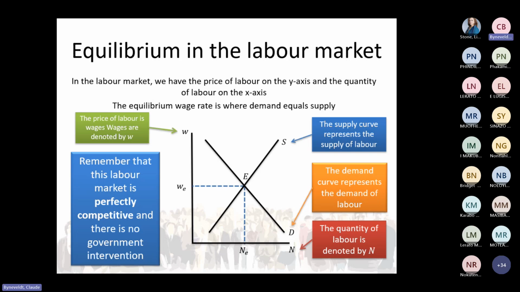That's why we don't get perfectly competitive labor markets. We get imperfect labor markets in the real world. But we study the perfectly competitive labor market as a foundation to study imperfect labor markets in further studies in microeconomics.